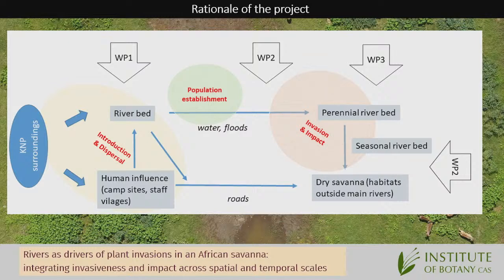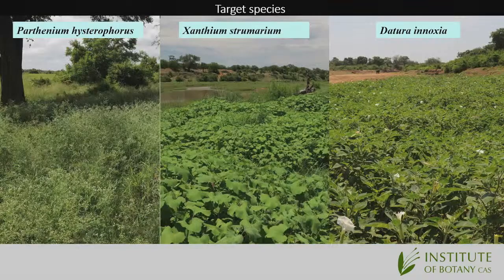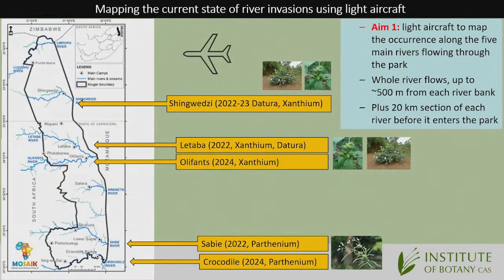And the focus here is on impact. These are our 3 invaders. You've heard enough about them. In this part of the project, we will be using light aircraft to map the occurrence of these invasive species along the 5 main rivers, perennial rivers, across the entire river flow from west to east, and we do it up to 500 meters from each riverbank to capture the spread from the riverbed to the surroundings.